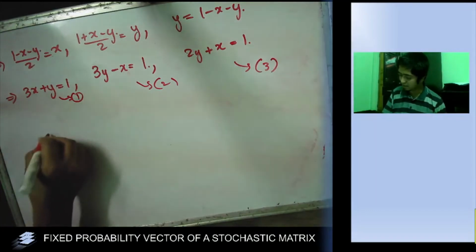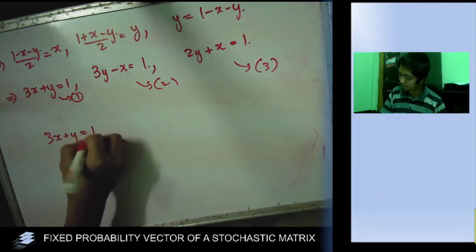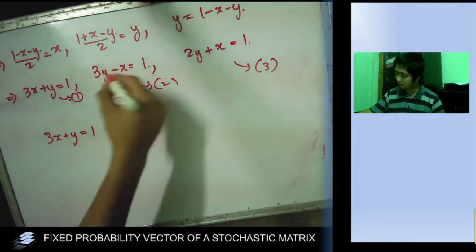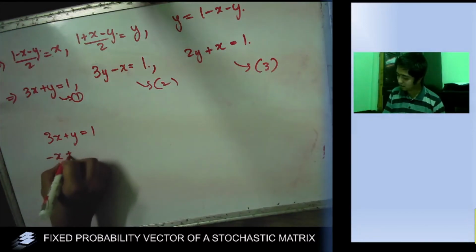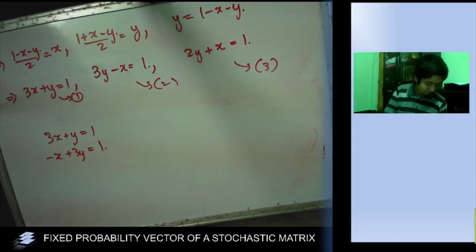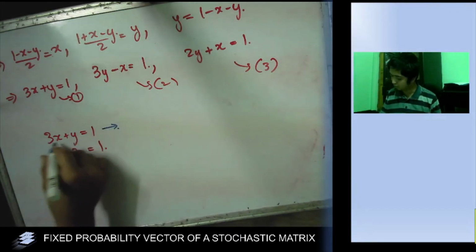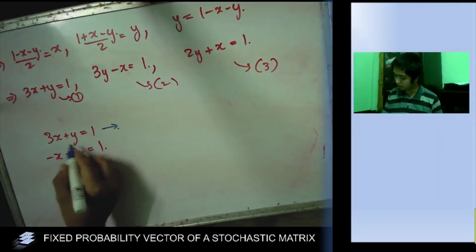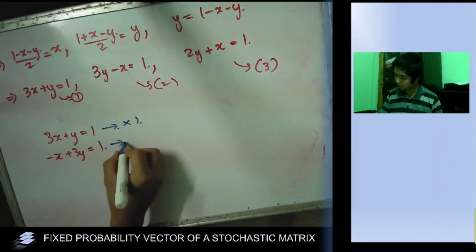So let's say 3x plus y equal 1, which is the first equation, and minus x plus 3y equal 1. What we can do over here is multiply this one with 1 and multiply this one with 3.